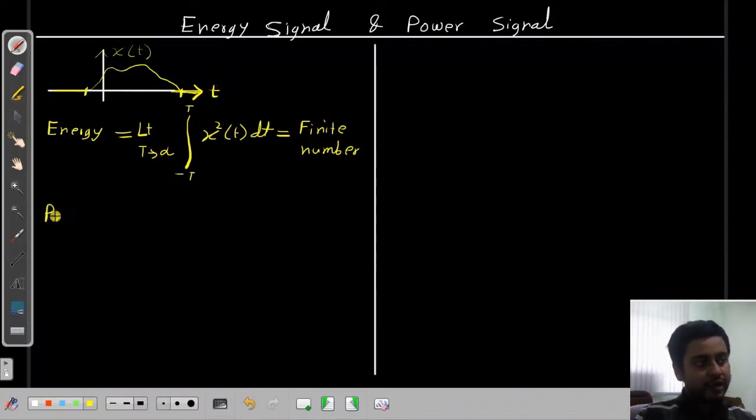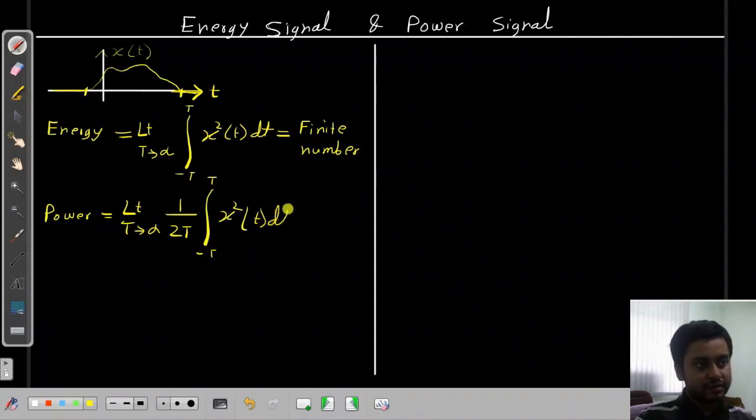But if you calculate the power of this signal, you have to divide the energy by 2T, then you shall get 0 as you take larger and larger values of time. The total energy is going to remain the same, but you are dividing by larger and larger values of time, so you will get smaller and smaller values of power.